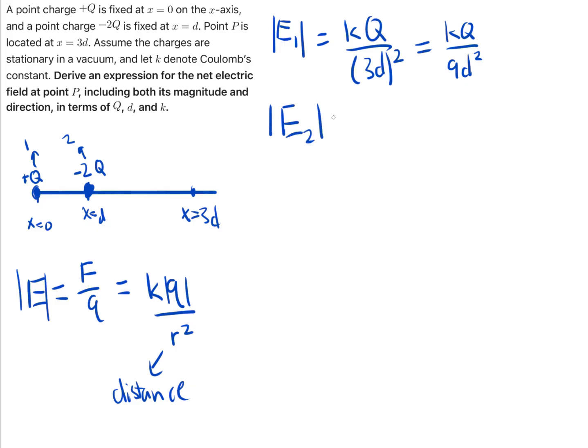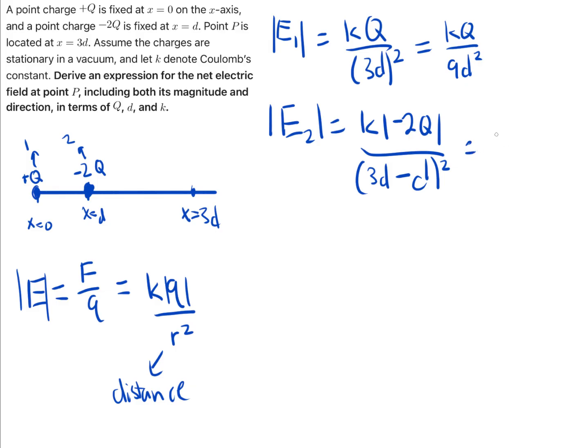Now let's do the same for the second point charge. It's k, and this charge is negative 2q, but we are finding the magnitude, so we don't care about the sign yet. We divide by, this time, we need to be a little more careful: we're still evaluating at 3d, but the actual distance is 3d minus d, since the point charge is at a position of d.